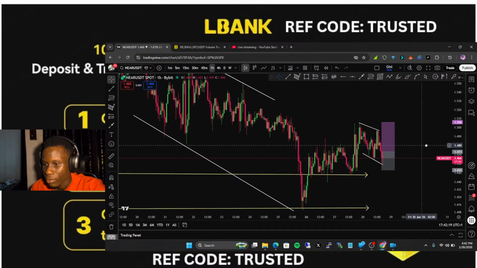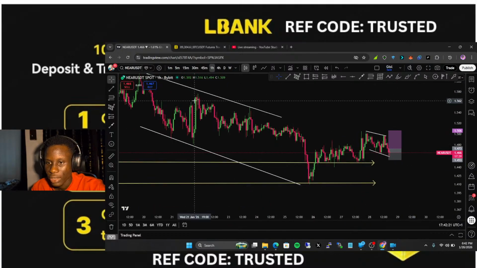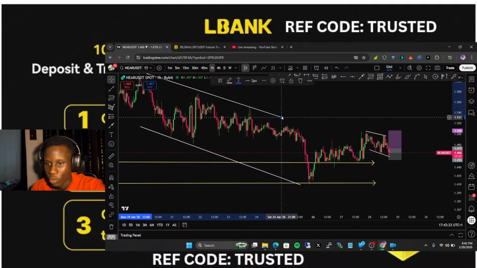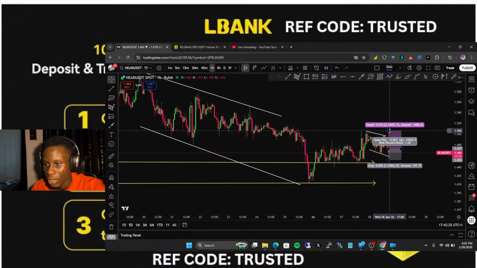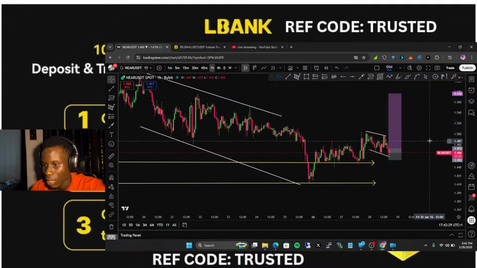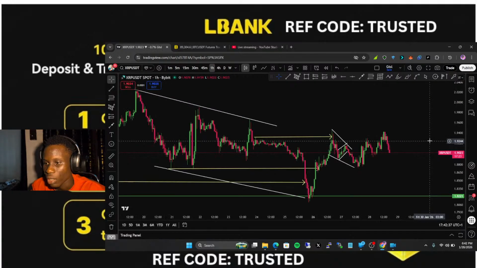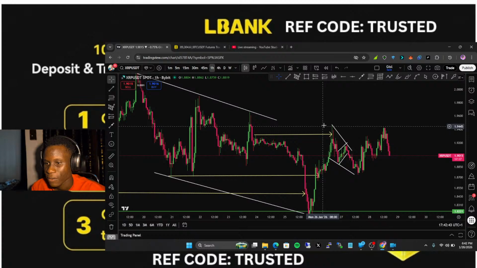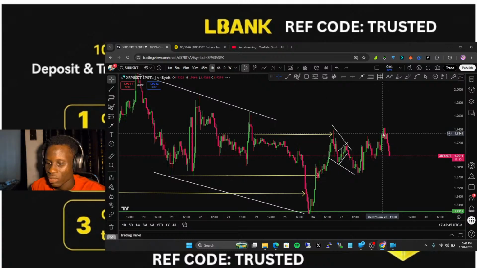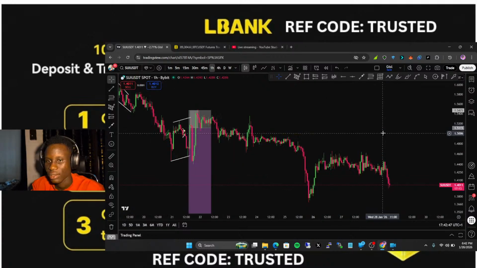So this is about 1:6, or I'm going to be going for the second resistance level, which is right here, and that's going to be about 1:5. So let's see whether we get into that before any other thing. That doesn't really look clear like that.